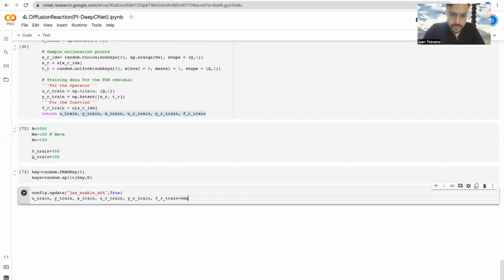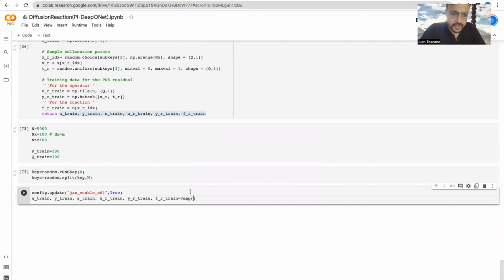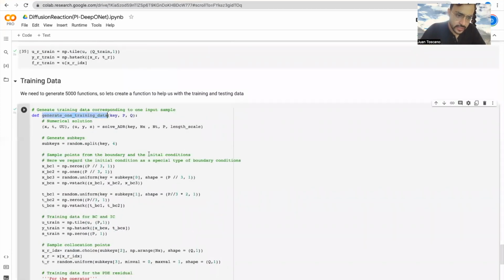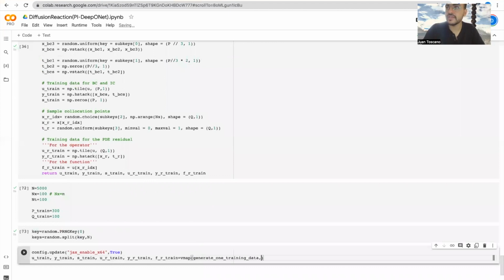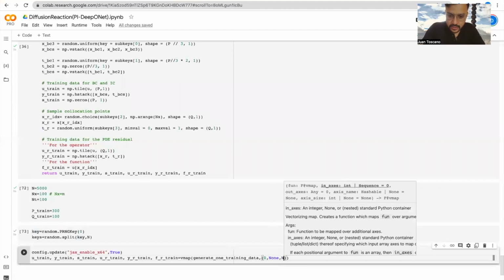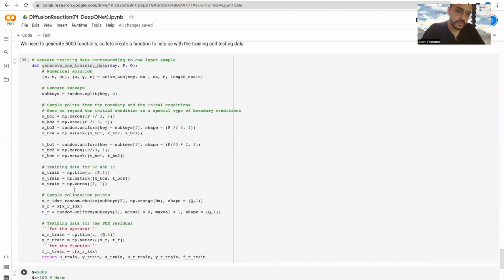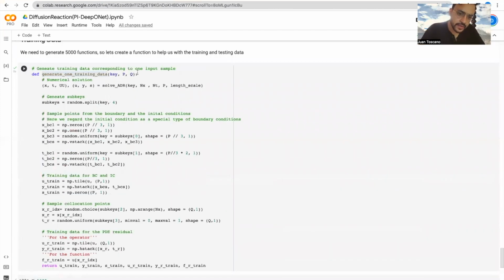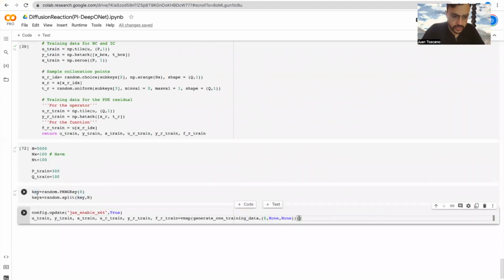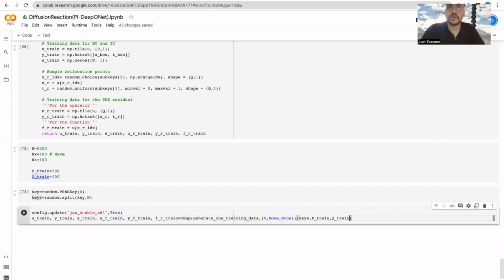So it would be vmap, or vector mapping. And it takes the function generate one training data. We need to set an axis. In this case, we use the first axis. And here we should give it the input variables. So we need a key, a p, and q. Your key would be the 5,000 random numbers. The p would be the p train, number of output sensors, and the number of collocation points. And yeah, we should be good to go.